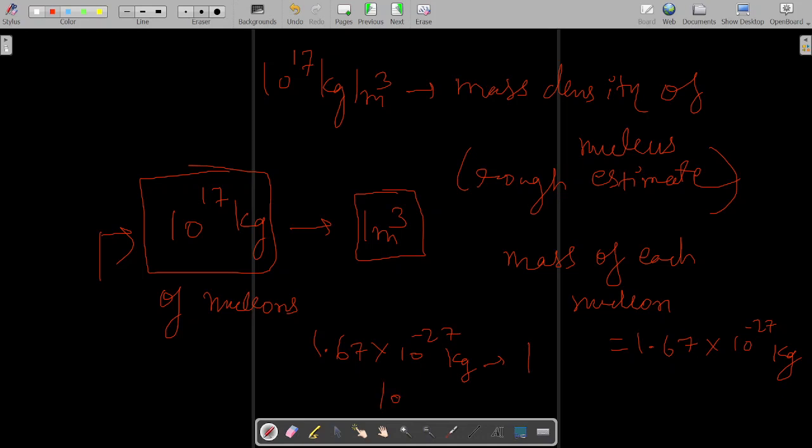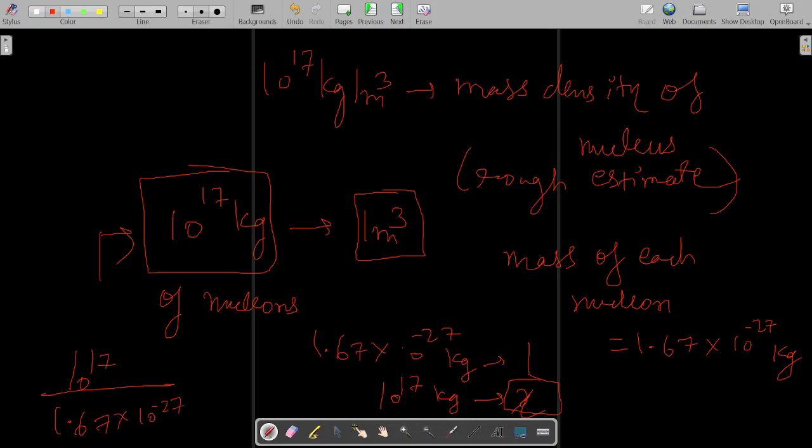Then 10 to the power 17 kg of nucleons will correspond to how many? We will simply use the formula 10 to the power 17 divided by 1.67 into 10 to the power minus 27.